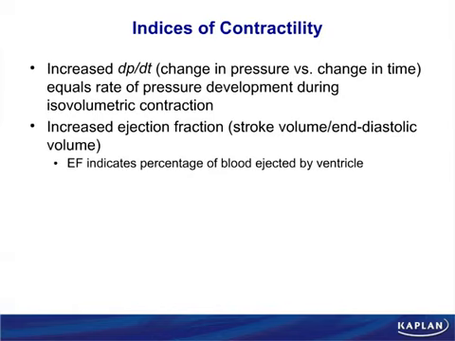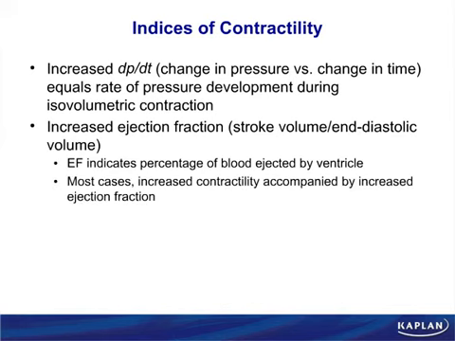Ejection fraction will be a big one for you for USMLE Step 1 because ejection fraction is your clinical marker of contractility. So if contractility goes up, that means ejection fraction will go up. So when you measure or determine an ejection fraction, if it goes up, in general, we think increased contractility.